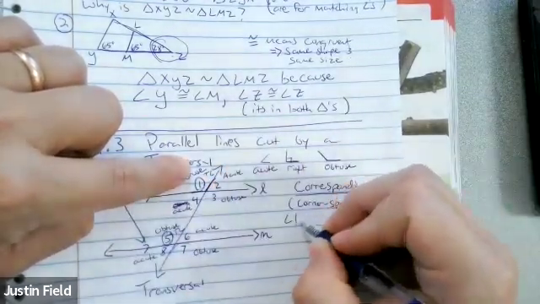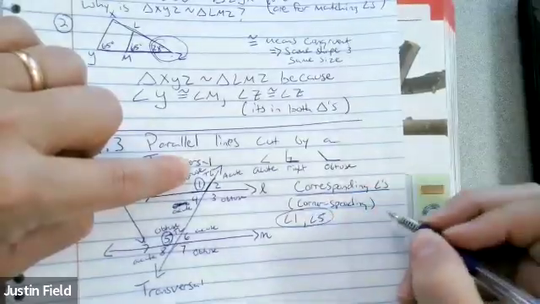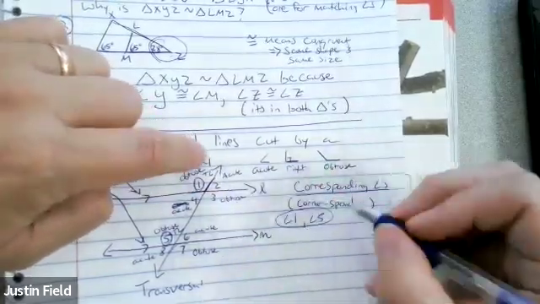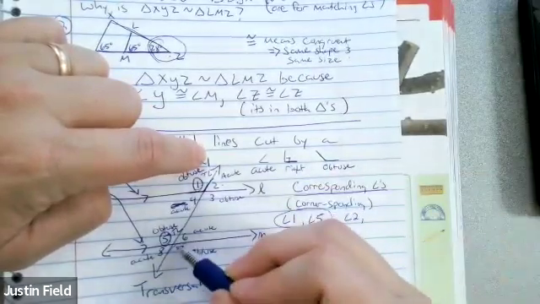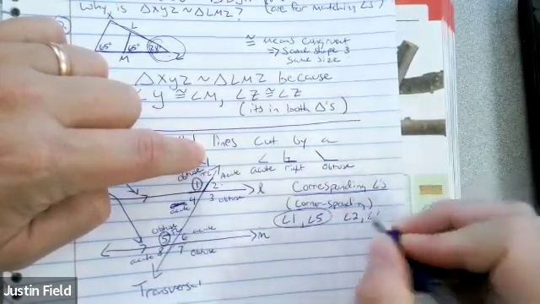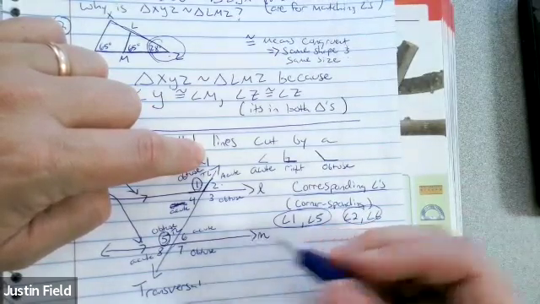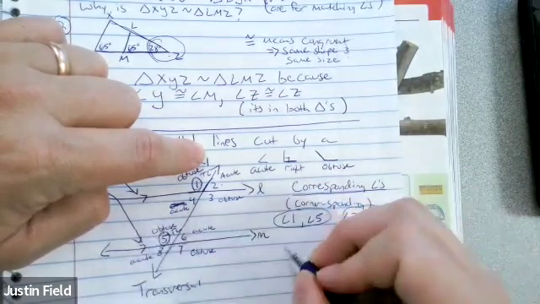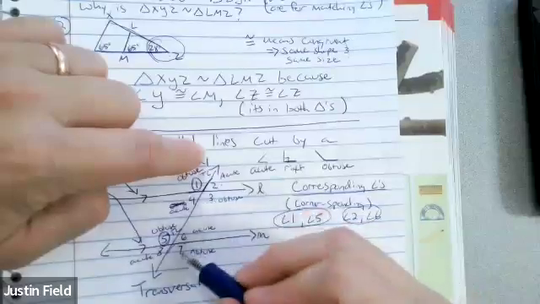So angle 1 and angle 5 are a corresponding angle pair. Can you spot another one? How about the top right? 2 is in the top right. And what's in the top right down here? 6. So 2 and 6 are a corresponding angle pair. They're in the same corner. And we have 4 and 8. And we have 3 and 7.